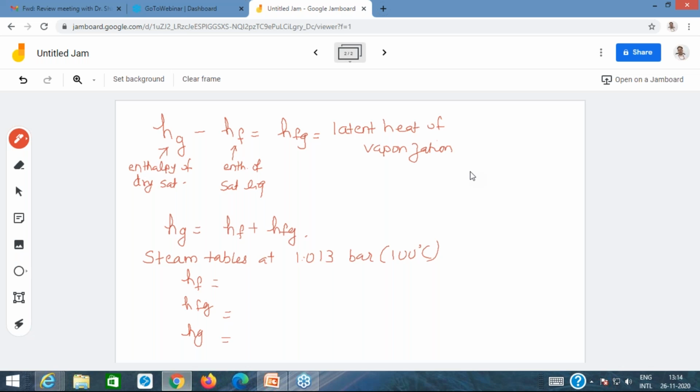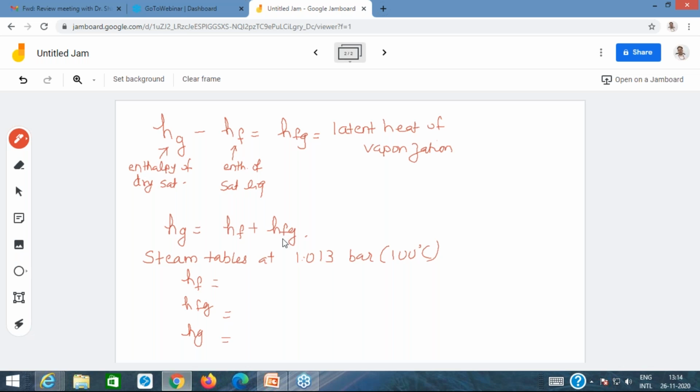Hf is what? Hf is the enthalpy of saturated liquid. Hg is the enthalpy of dry saturated steam, and Hfg is the latent heat of vaporization. So please tell me the value of enthalpy of saturated liquid.